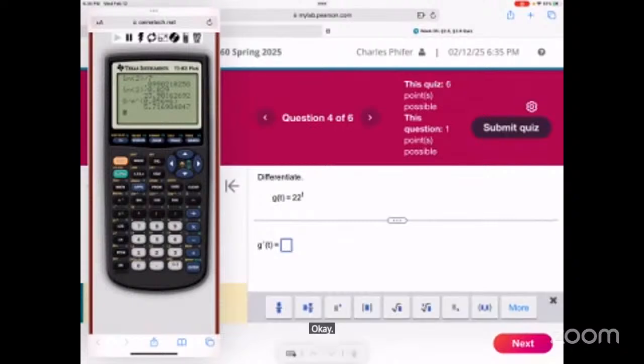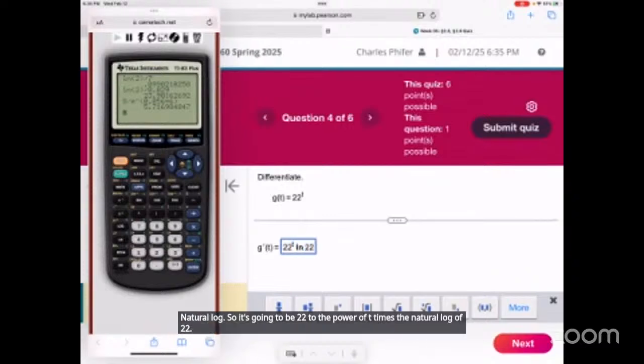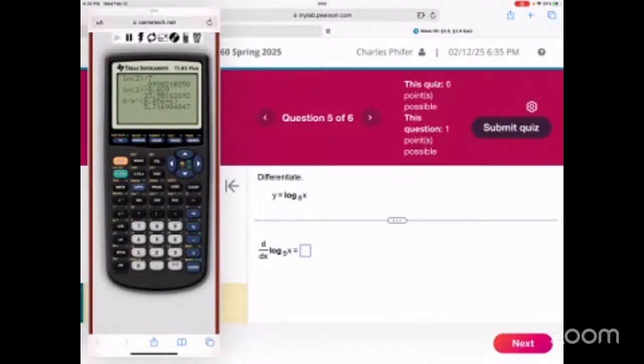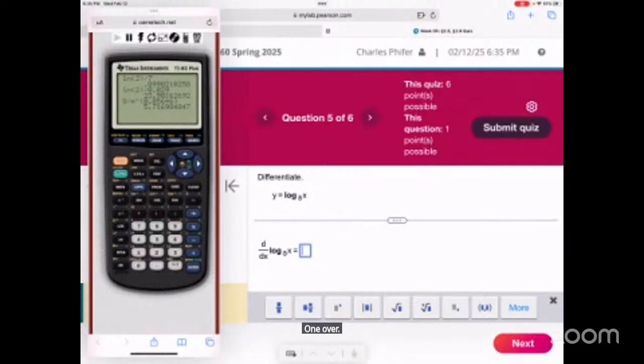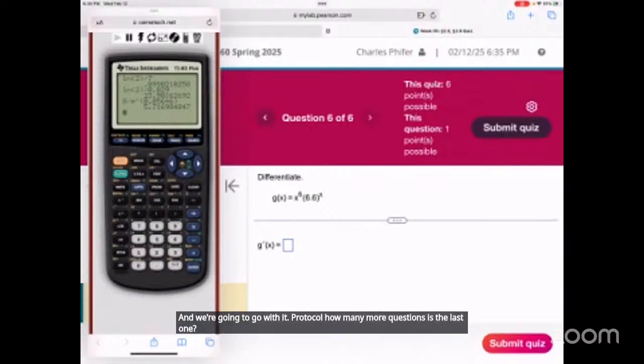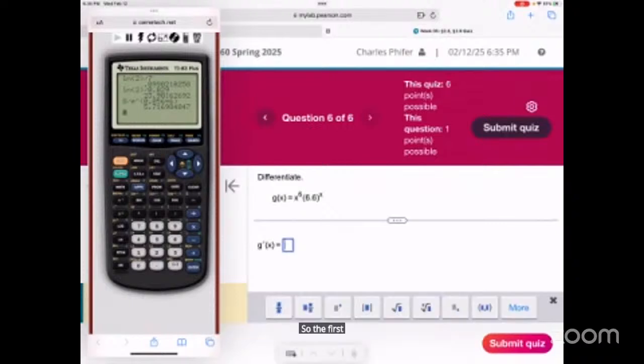Natural log. So it's going to be 22 to the power of T times the natural log of 22. Let's just go with it. Okay. 1 over X times the natural log of 8. Okay, I'm going to go with it. Product rule. Ugh. How many more questions? This last one? Okay. So the first times the derivative of the second.